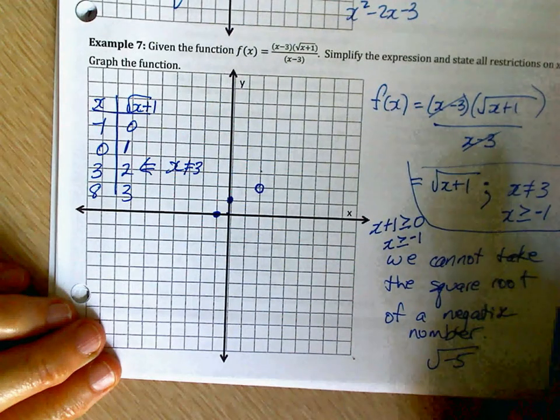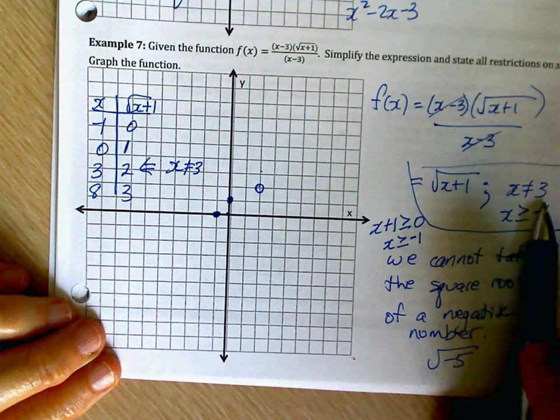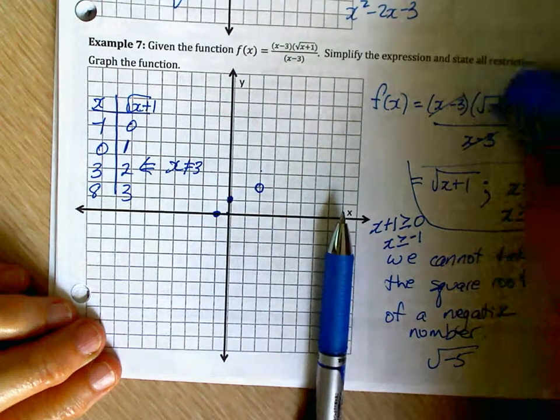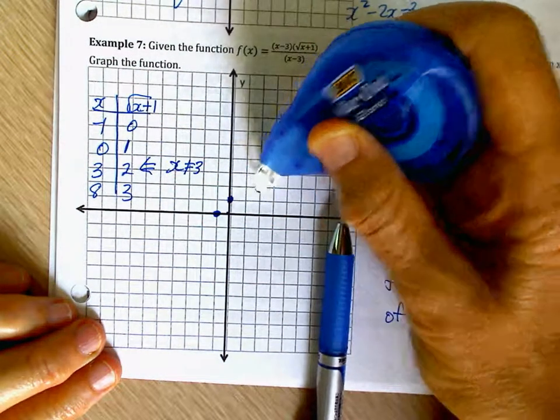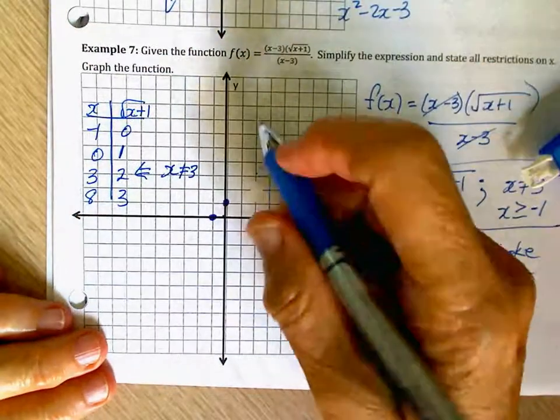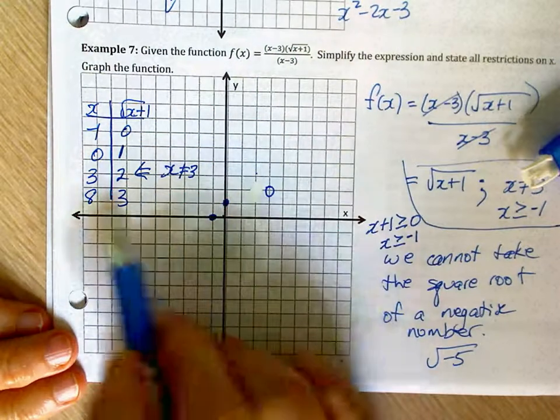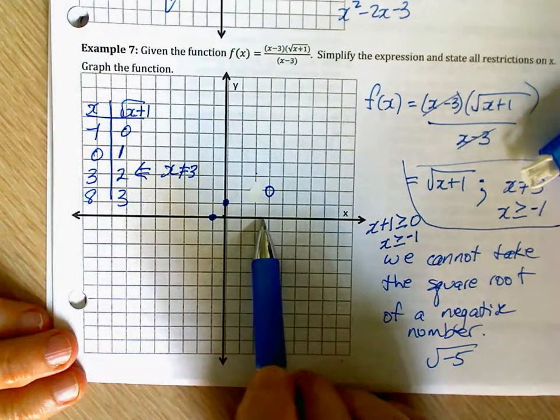I should be 1 over. 1, 2, 3. X cannot be 3. And when x is 8, we have 1, 2, 3, 4, 5, 6, 7, 8. 1, 2, 3. So this graph looks something like this.